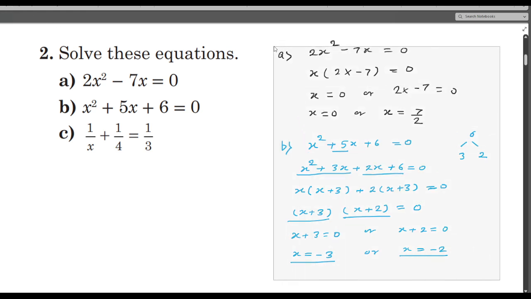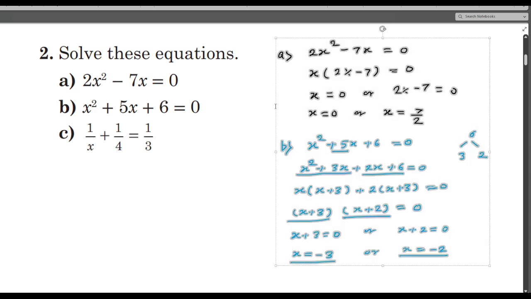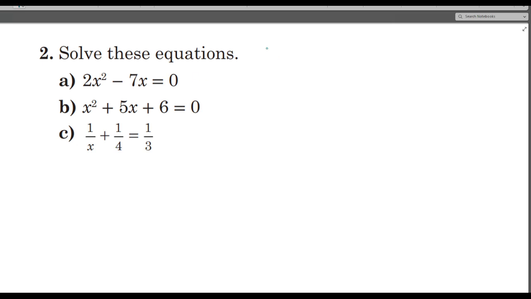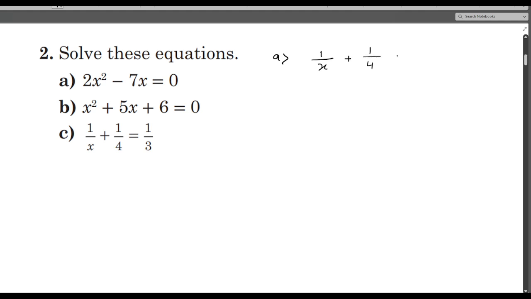Now this question C is a little bit interesting. As you have 1 upon x plus 1 upon 4 is equal to 1 upon 3. Now this time this is not a quadratic equation. Let us keep your x term on the left side and move your plus 1 by 4 to the right side.